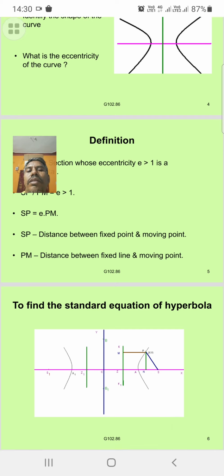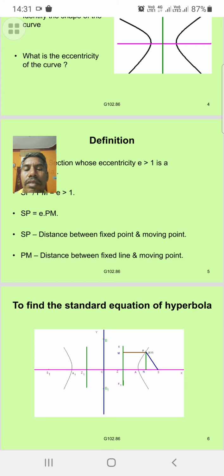According to the definition, we can differentiate with eccentricity, and coming to conic sections, if we cut the cone vertically, we get a hyperbola.